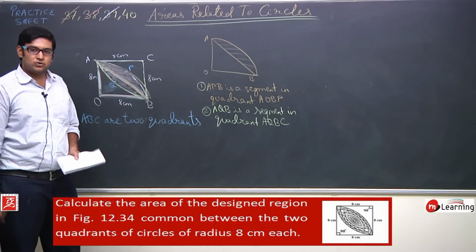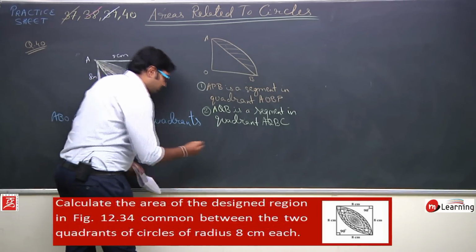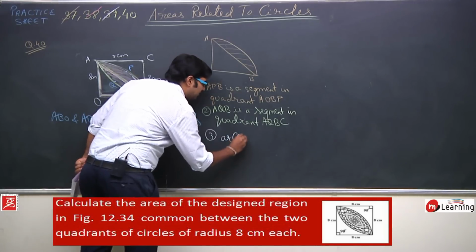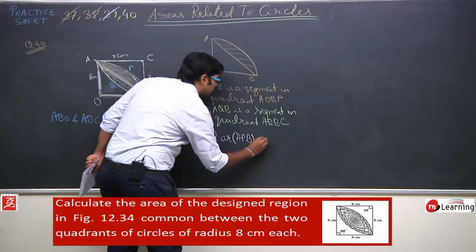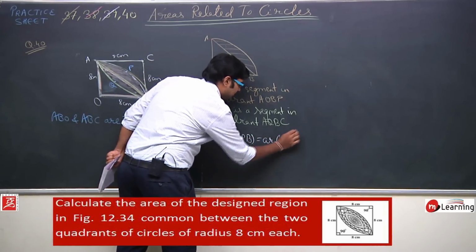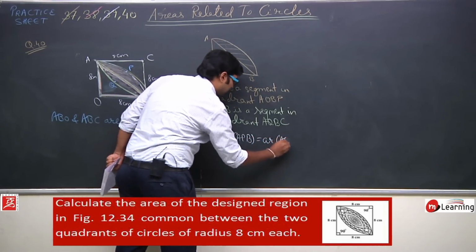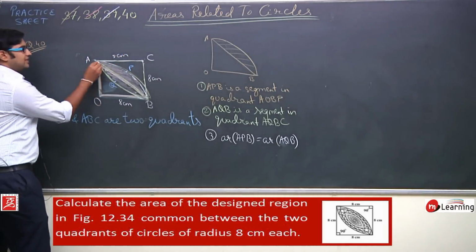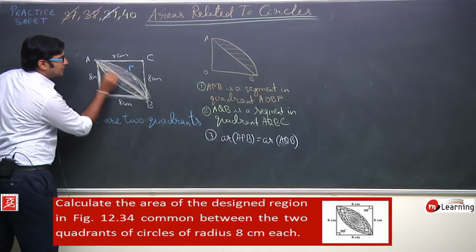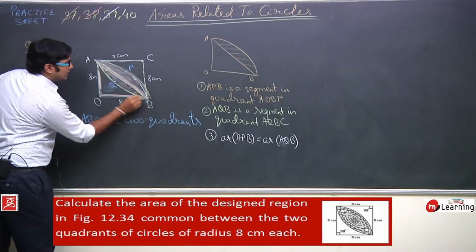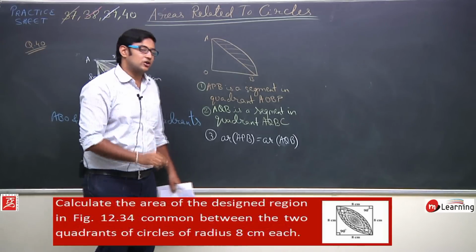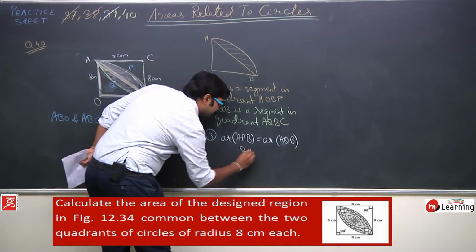And one more thing I want to say is, area of segment APB is equal to area of segment AQB. Try to understand this concept. I am saying that the area of this segment is equal to area of this segment. Why is this so? It's because of symmetry.